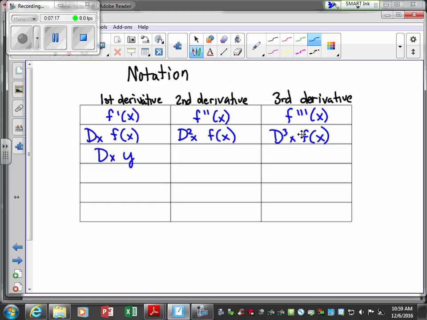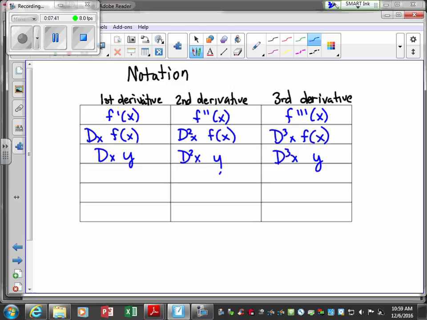Derivative of x with respect to y. The second derivative of x. The third derivative of x with respect to y. The only difference in notation here is, remember, f of x and y are interchangeable. Okay, there. So sometimes we see it as that.